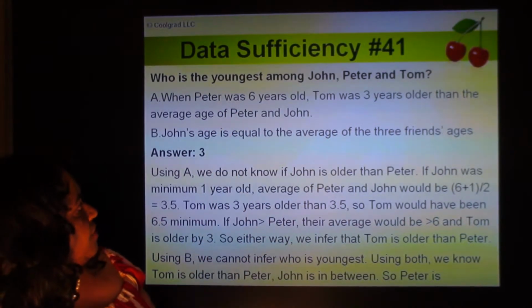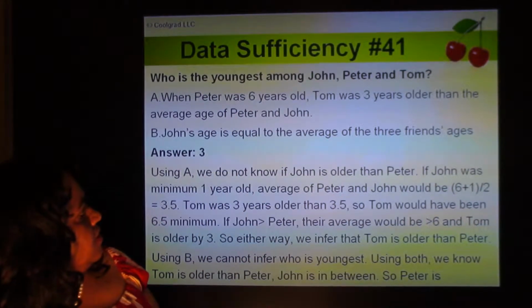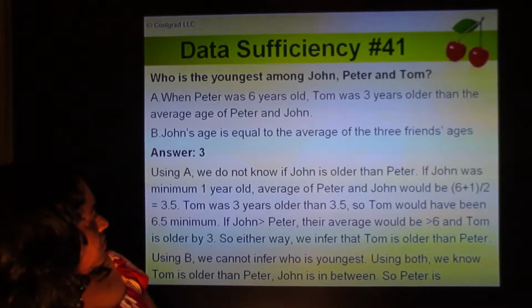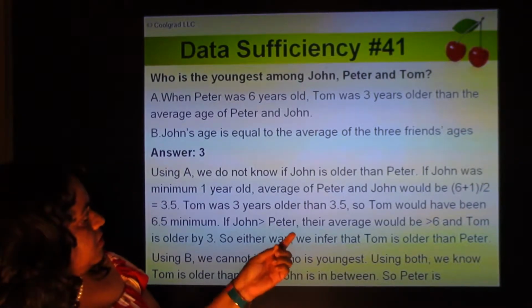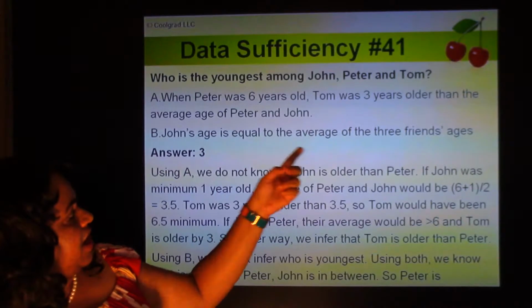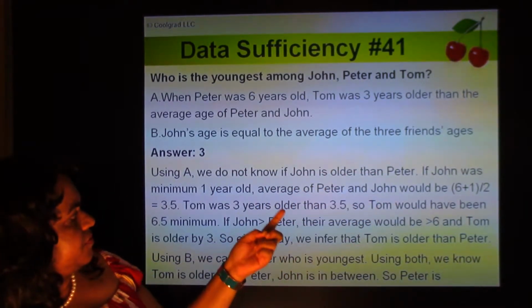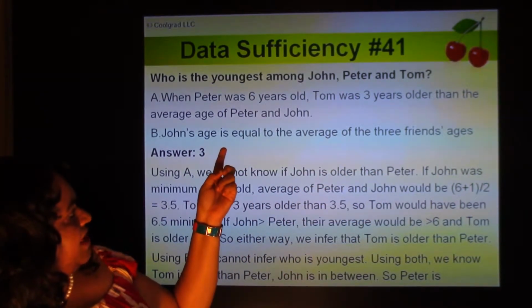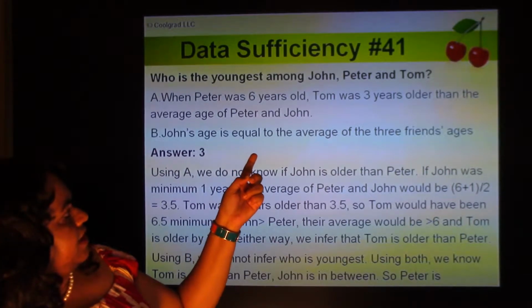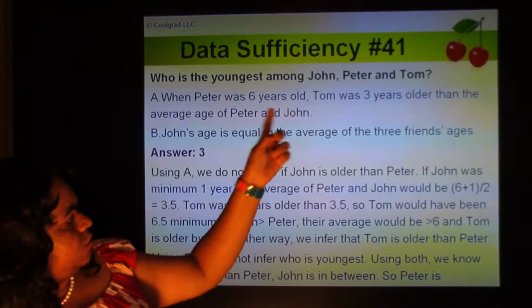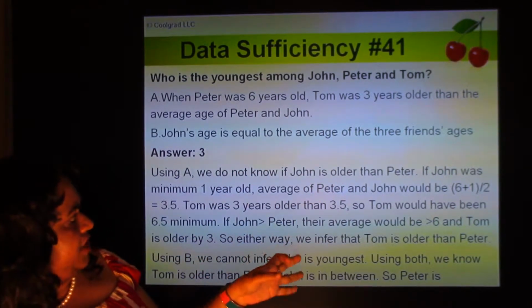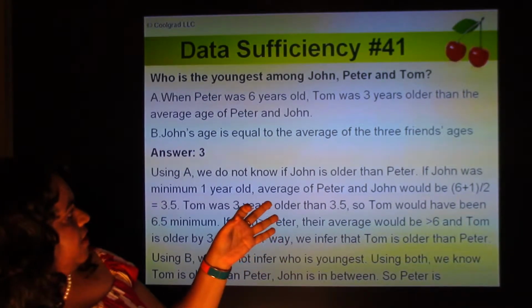But using both together, John is equal to the average of the 3 friends' ages, right? So substitute John's age as John plus Peter plus Tom divided by 3. Okay?